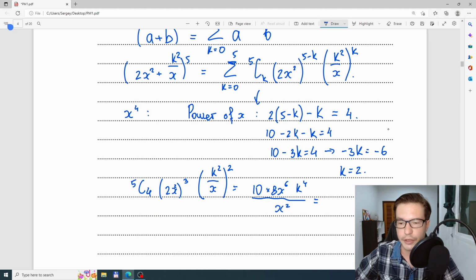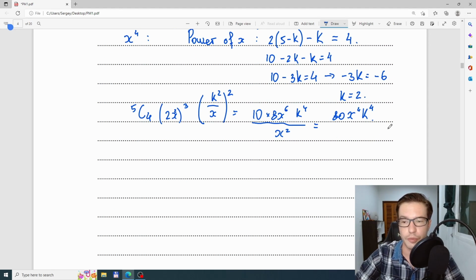Simplify even further, and we'll get 80 x to the power of 4, and then k to the power of 4. Now the coefficient of x to the power of 4 should be a. What's the coefficient of x to the power of 4? It's 80 k to the power of 4. So 80 k to the power of 4 equals a. Now we found a.